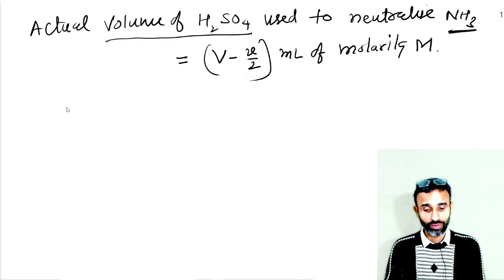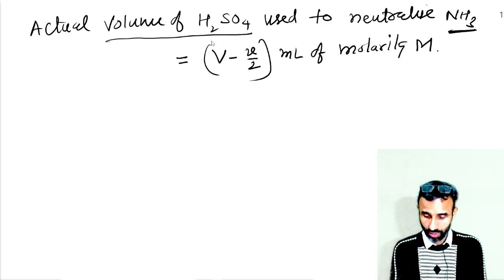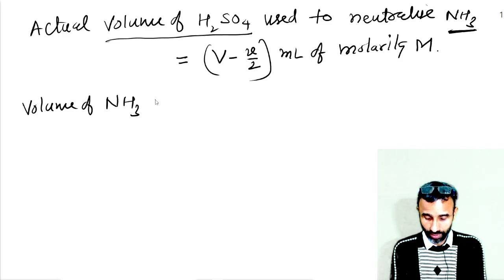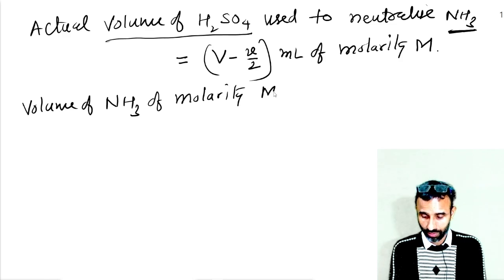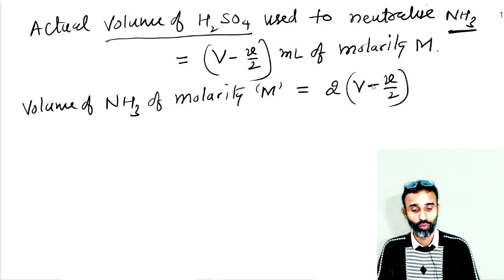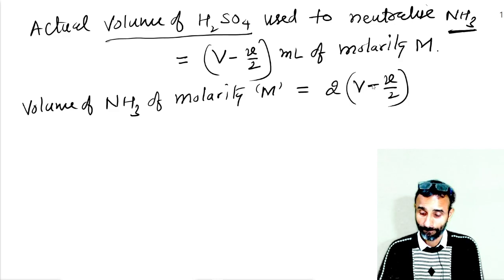So the volume of ammonia of the same molarity is equal to 2 times V minus V by 2.